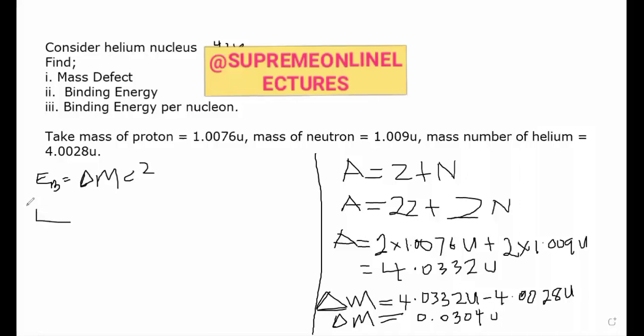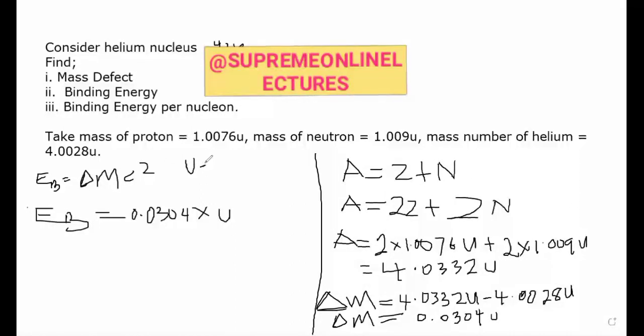So binding energy EB equals change in M, which is 0.0304 times U. And what is this U?